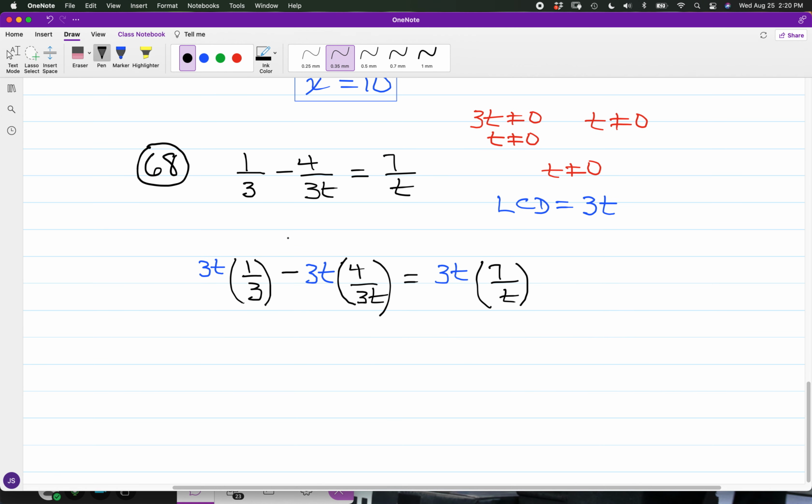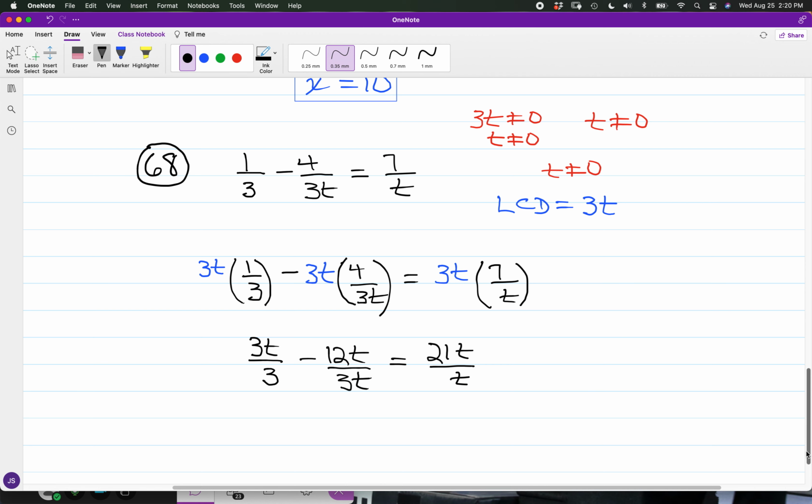You could do a bit of cross multiplying, but I'm just going to multiply directly. So you have 3t times 1/3, so we have 3t/3. And we got minus 3t times 4, which is going to be a negative 12t over 3t, and 3t times 7 is 21t over t.